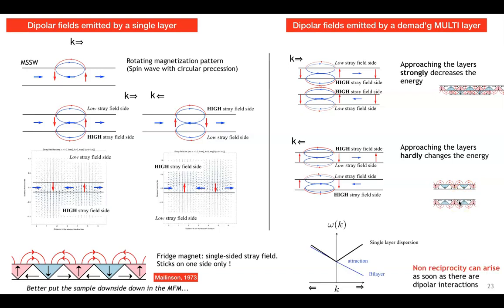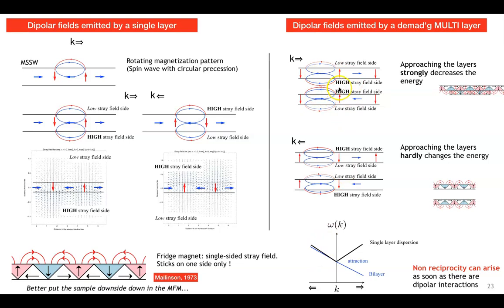So what you can see is that if you start from a single layer with a V-shaped dispersion relation, for negative wave vectors, there is no dipolar coupling between the two layers, so the spin wave of the coupled system has approximately the same frequency as the single layer.